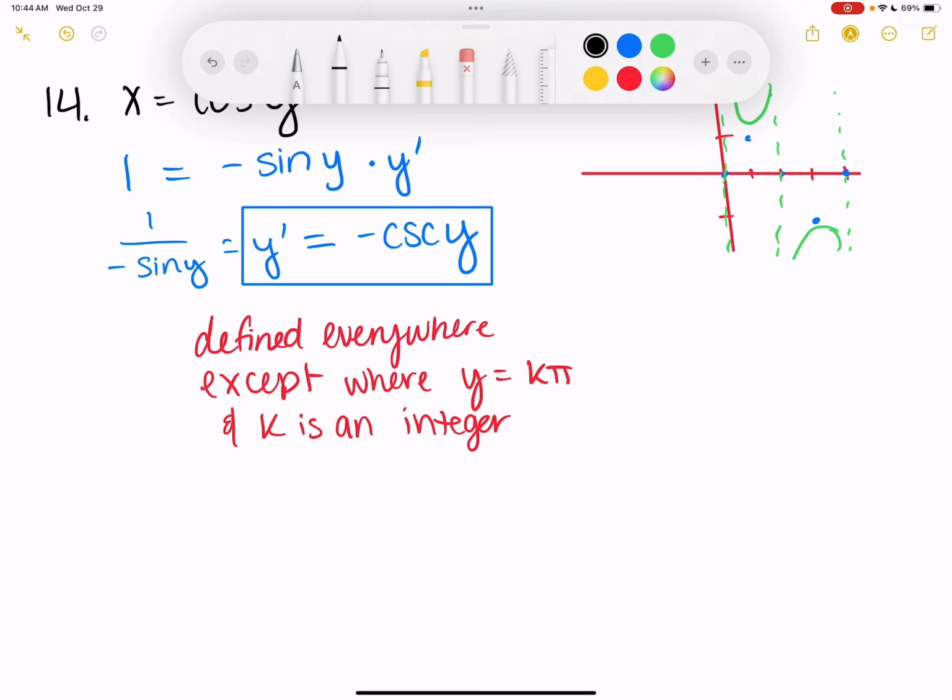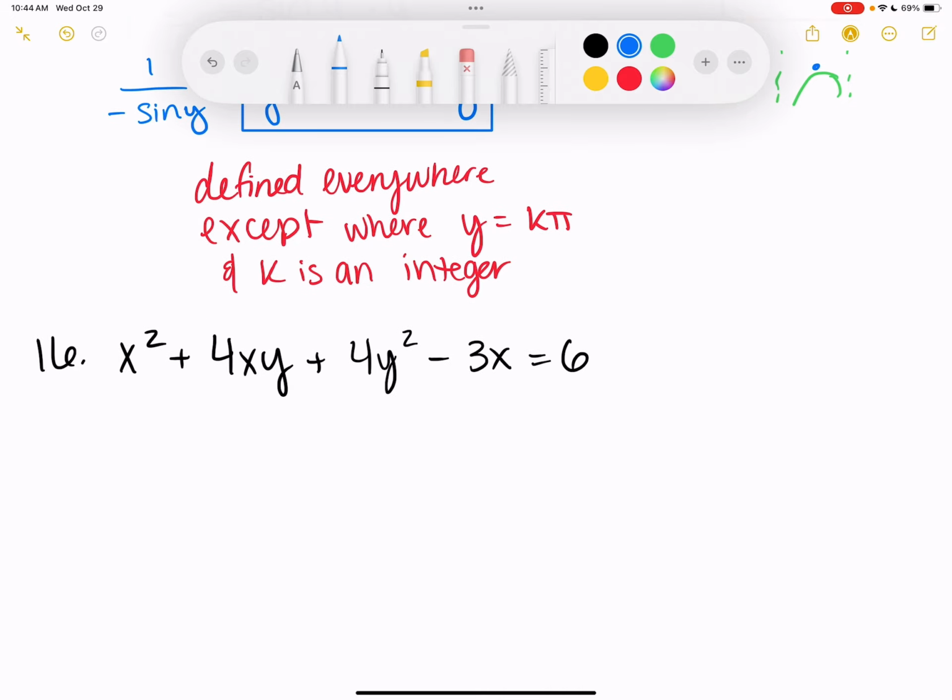Number 16: 2x² + 4xy + 4y² - 3x = 6. So we're first going to take the derivative of all of this, and then we'll find where it's defined for this one as well.